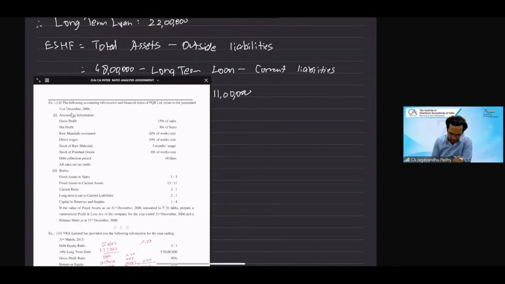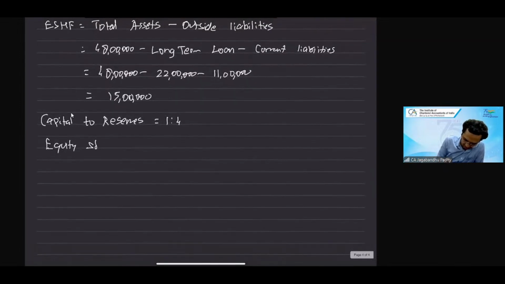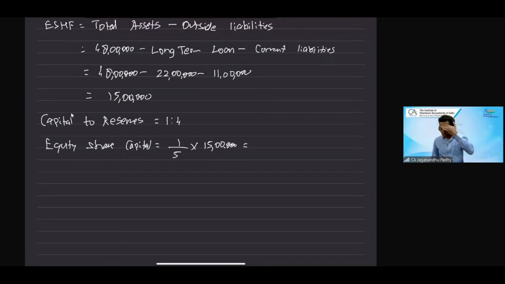Now the capital to reserves ratio is 1:4. So how will we calculate the equity share capital? Equity share capital will be 1/5 times 15 lakh, which is 3 lakh.